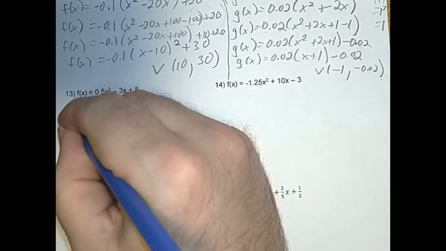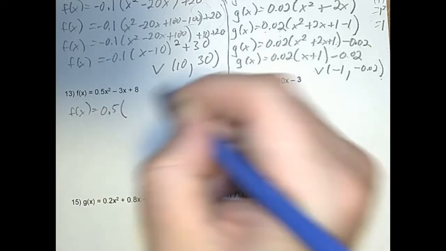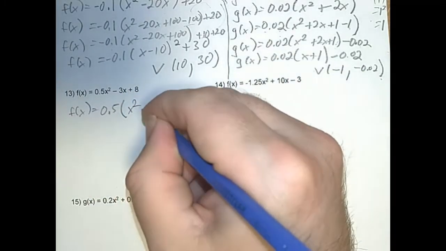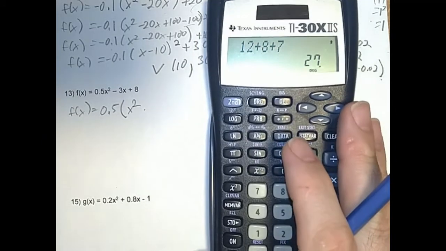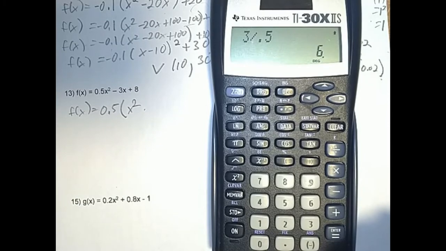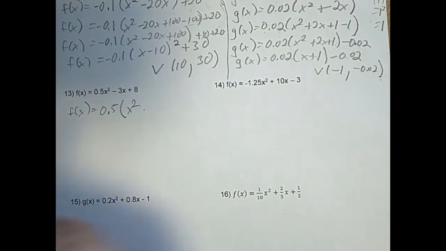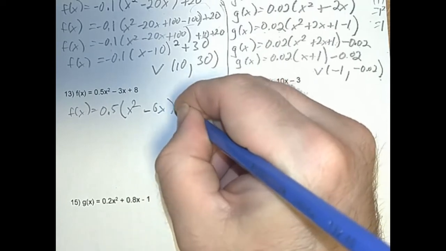So again, these are the fraction or decimal ones. 0.5. You get x squared, and you take 3 divided by 0.5, which is 6. So x squared plus 6x minus 6x plus 8.